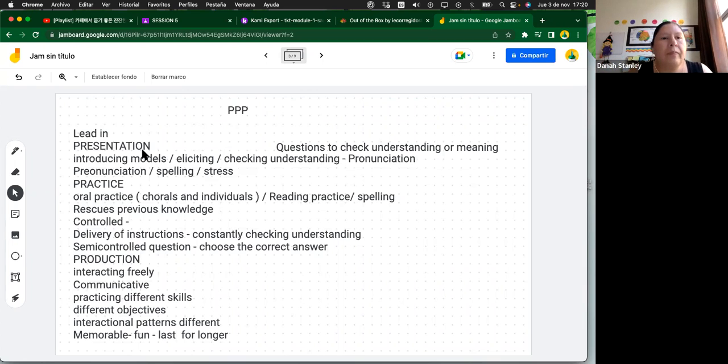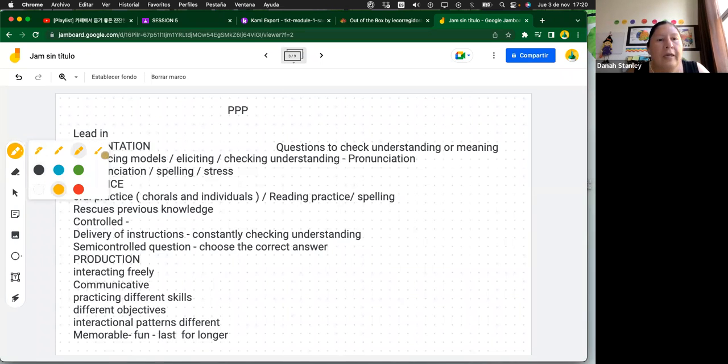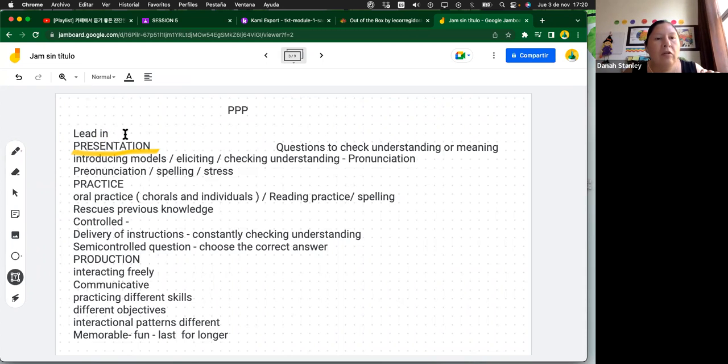Then he had the presentation stage. In the presentation stage, he was introducing the models. When he was setting the context, he was also personalizing.